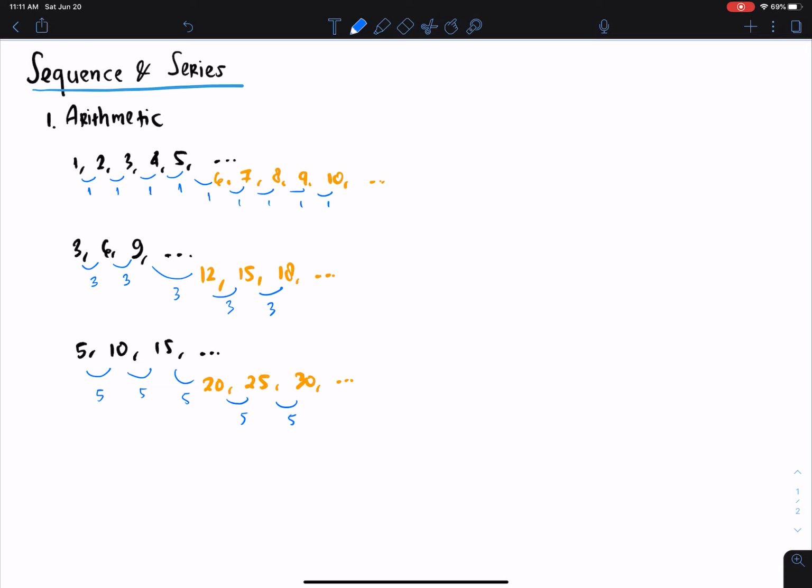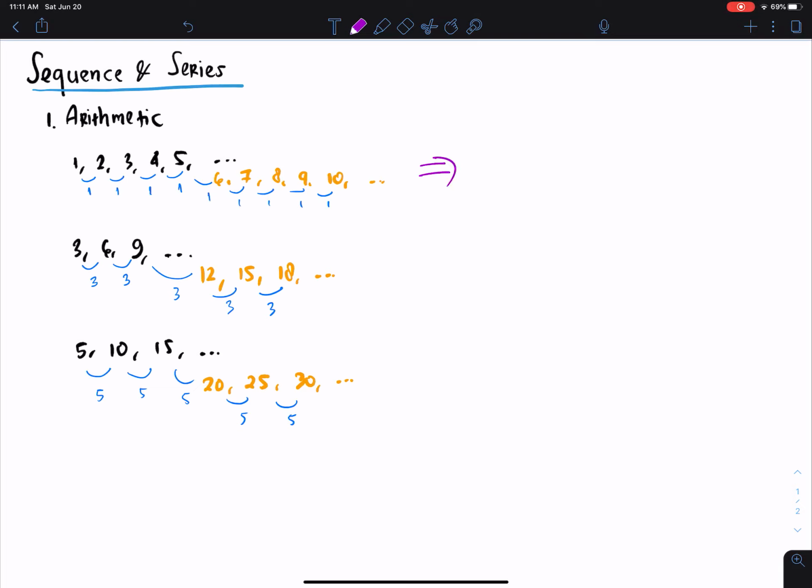Of course, when it is like this, it's quite easy for us to check, but when the numbers are quite big, or it is a little bit difficult to figure out the difference between a number and the next one or the previous one, we need a standard formula to check the difference. Also, we may be asked what the 100th term will be, for example. For the first one, it is quite easy.